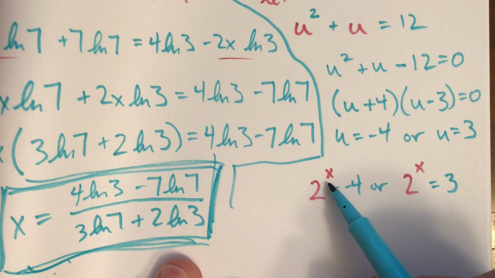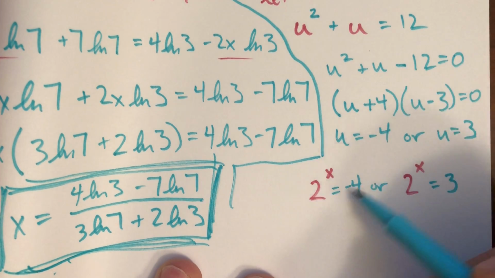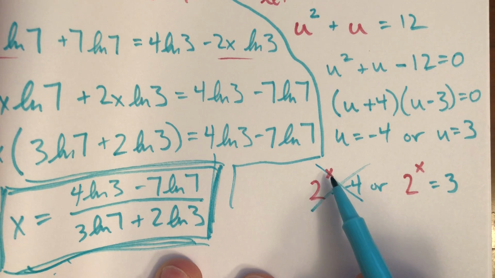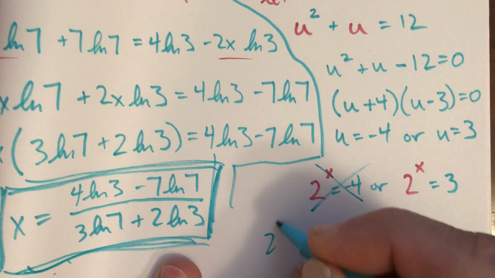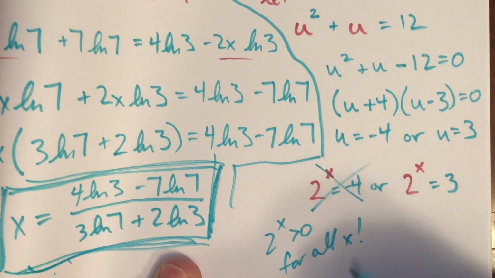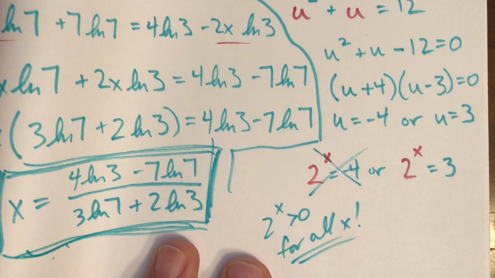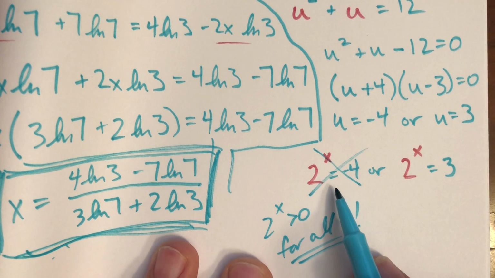Any number I put in there is going to give a positive result. So we know that this one immediately has no solutions, because 2 to the x is always positive. And maybe recall what the graph of y equals 2 to the x looks like. It's always positive, so that can't be a solution.